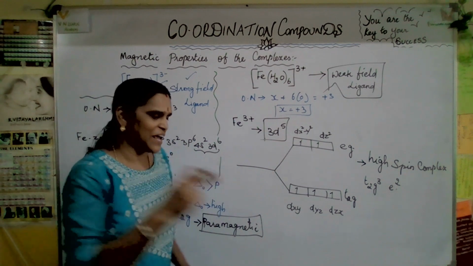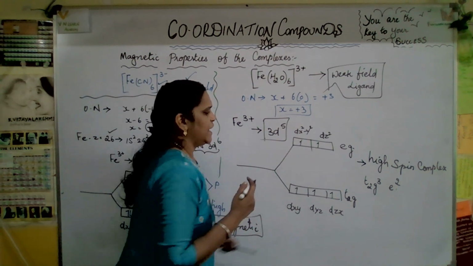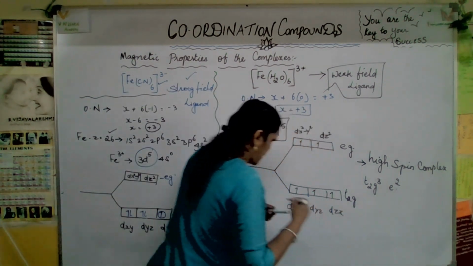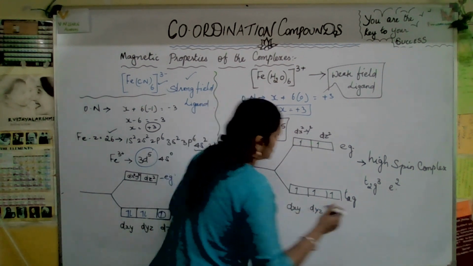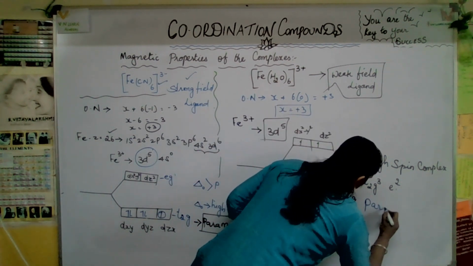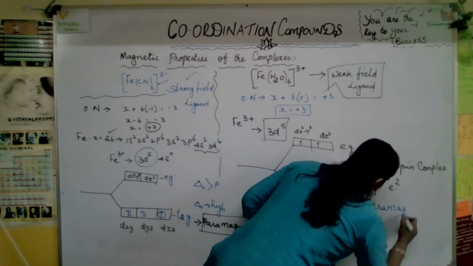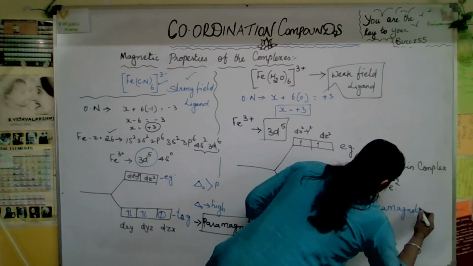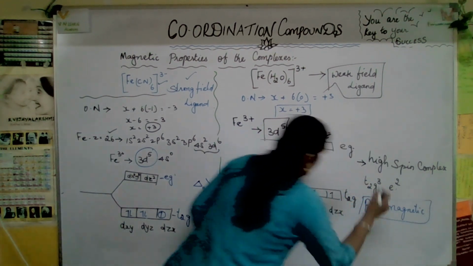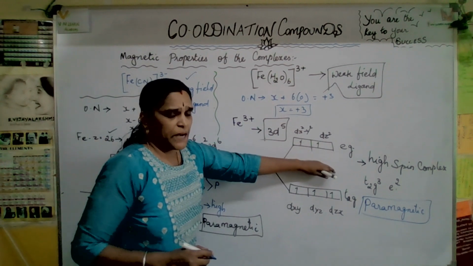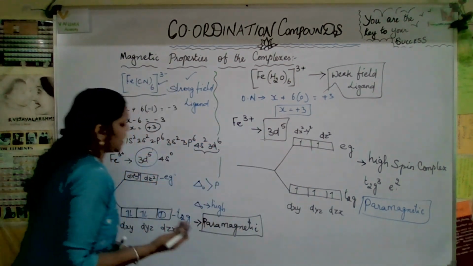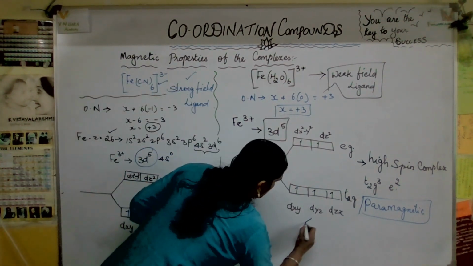I asked that question, I hope you got an answer. Okay, now of course, this is paramagnetic only. Unpaired electrons, it's paramagnetic. Right? Okay, now this is a high spin complex.